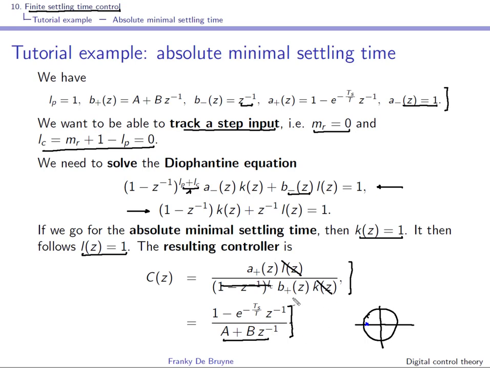So for this type of process, where we have this 0 located over here, this type of control, finite settling time control, will not be suited, right? And we'll see in the next section with deadbeat control that we can solve this. But for other types of processes, this could very well work.